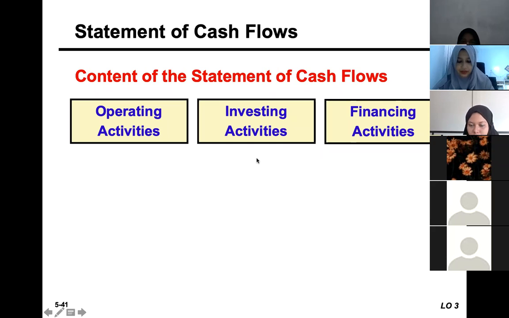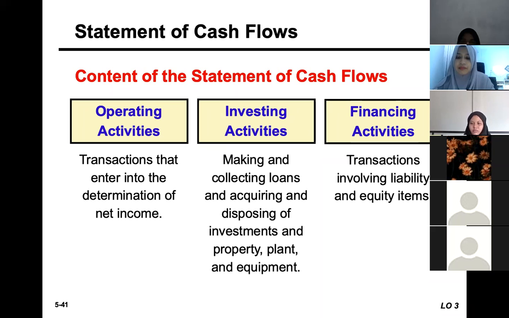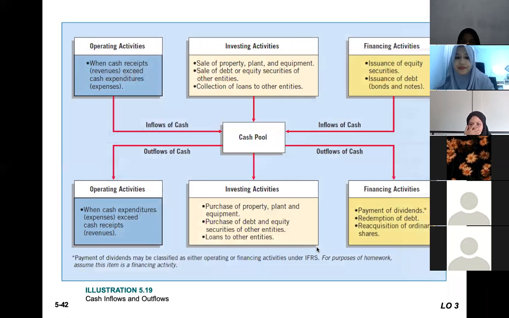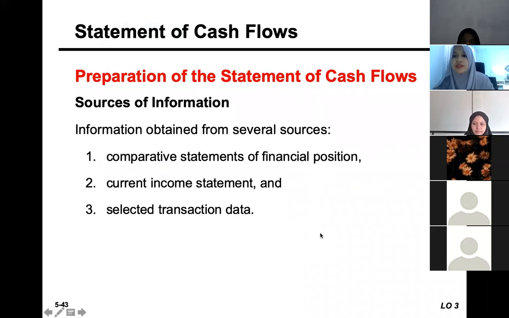Investing is from long-term investment and long-term assets, whether purchase or sale. Financing is anything related to the financing of the company, for example, issuance of shares or paying back debt. So there is an inflow and outflow for each section of the company.